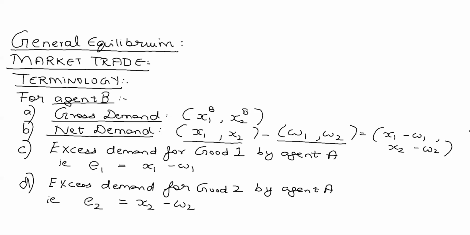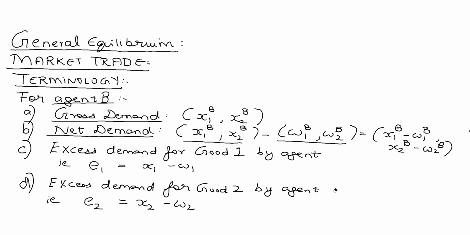Agent B's net demand will be the gross demand minus agent B's endowment, which is x1b minus omega 1b, x2b minus omega 2b.